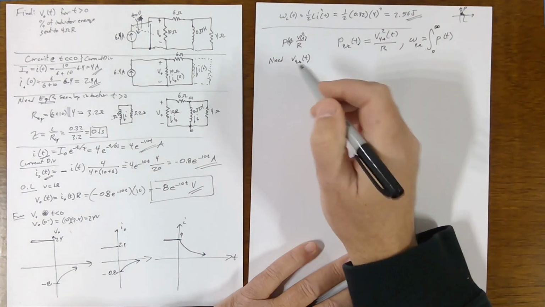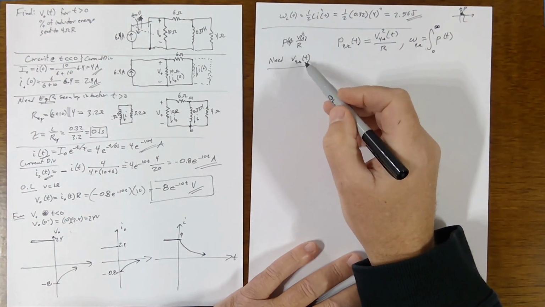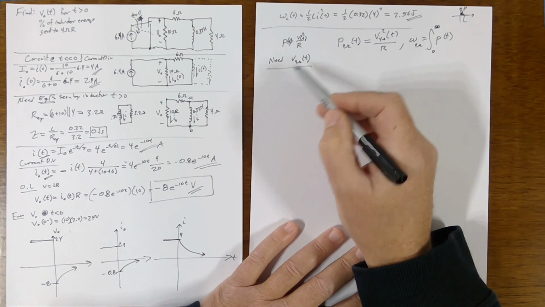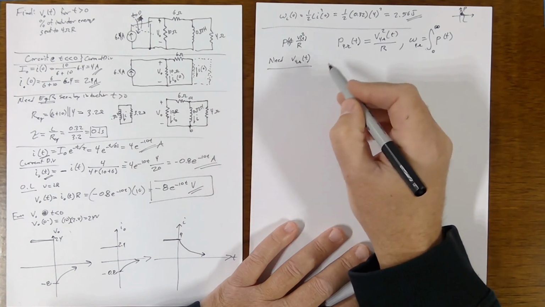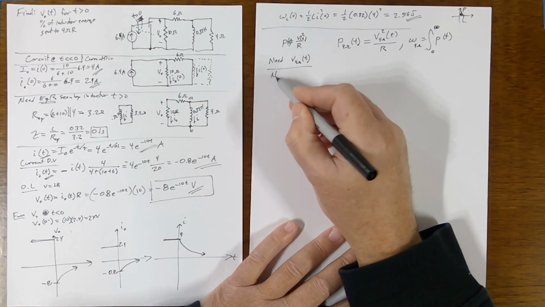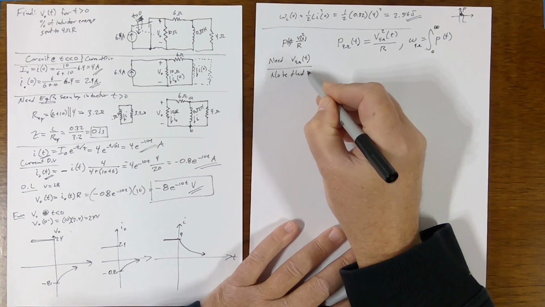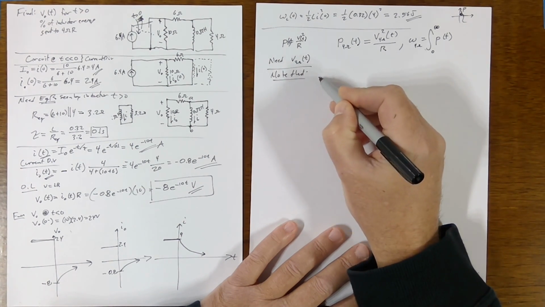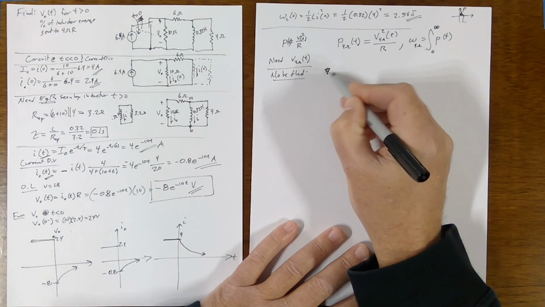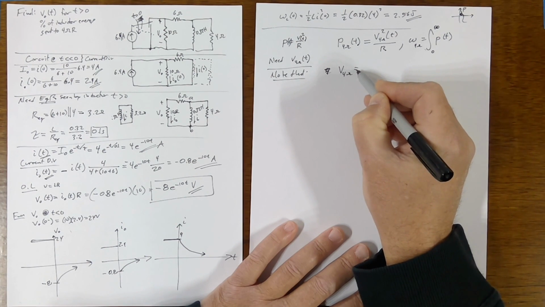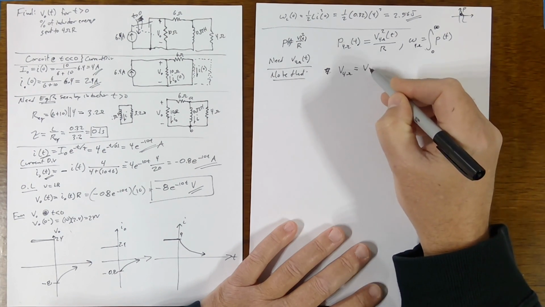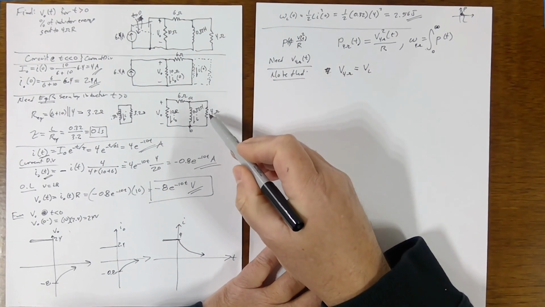That's what we're doing. So we need V in the 4 ohm as a function of time, and we're going to do this the hard way, not by current division and Ohm's law, but by noting that the voltage across the 4 ohm resistor is the voltage across the inductor, because these are in parallel.